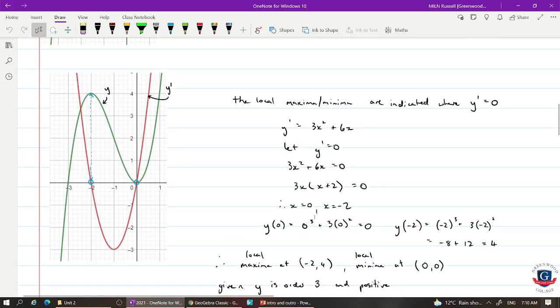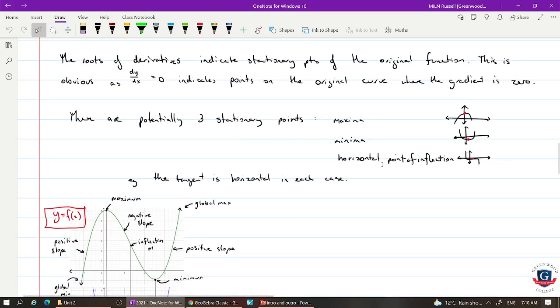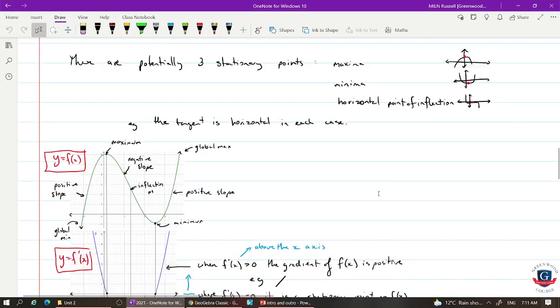Or the rate of change is 0, or the instantaneous rate of change is 0. And there are potentially 3 stationary points looking at where the gradient is 0. It's where there's a maxima, or a minima, or a horizontal point of inflection, i.e. where the tangent's horizontal.